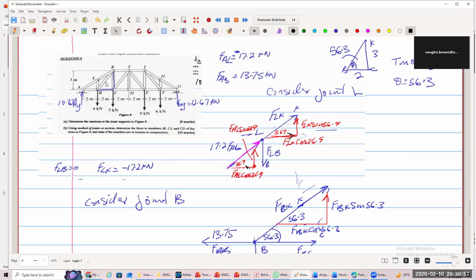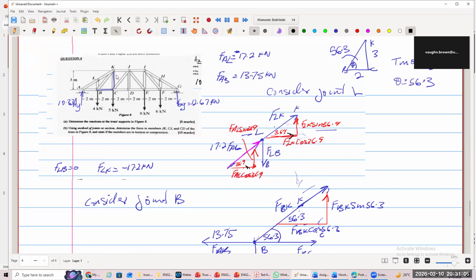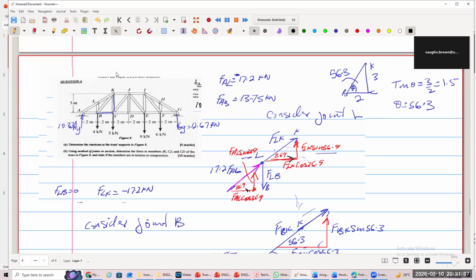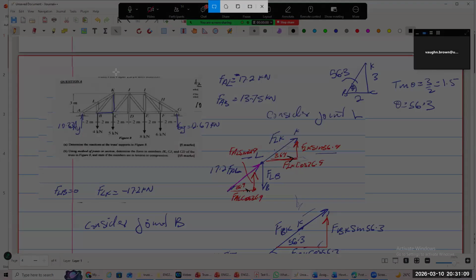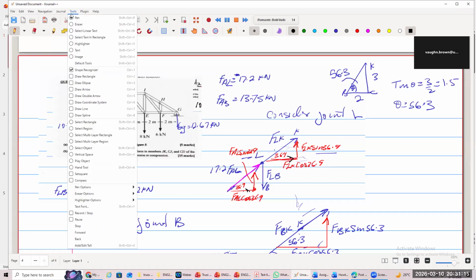So joint K, how many unknowns do we have? We know LK, we know BK, right? We don't know BJ, we don't know BC. So we're going to draw this one now on a separate sheet. Hold on, I don't want to copy it that way. Let's see if we can borrow it again.